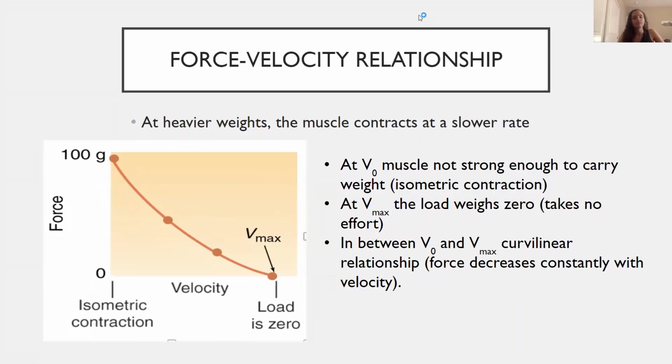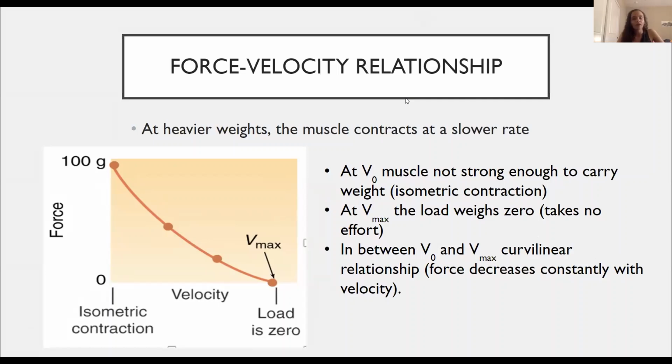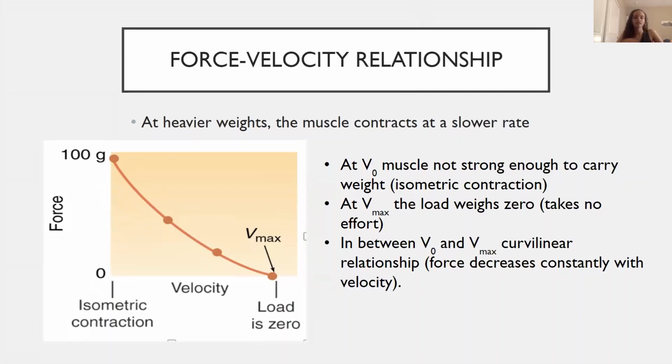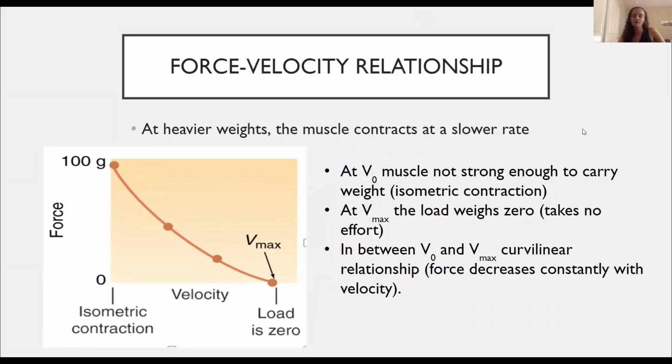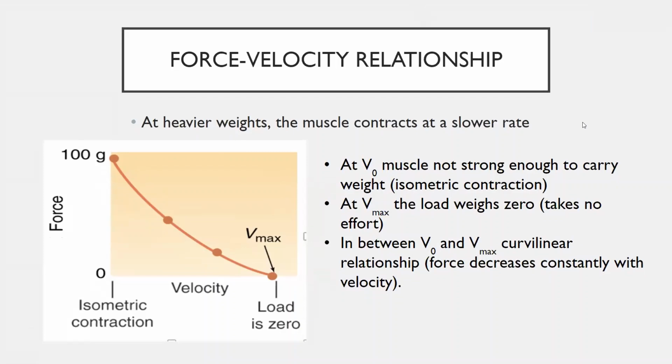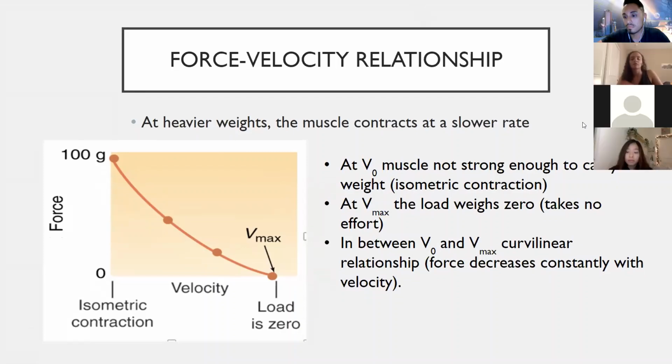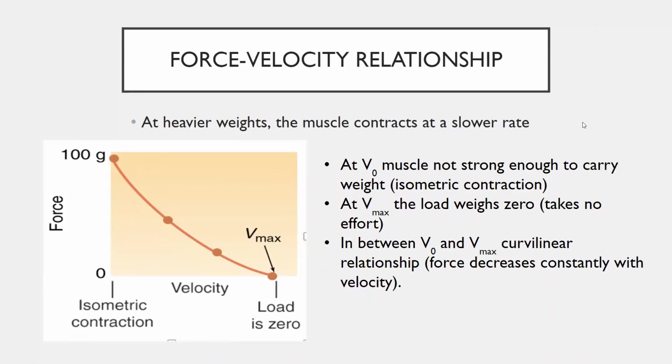And then in between V0 and Vmax, we see a curvilinear relationship where force decreases constantly with velocity. So when we have very high forces, carrying very heavy items essentially, it's going to take a bit more time versus lighter items.